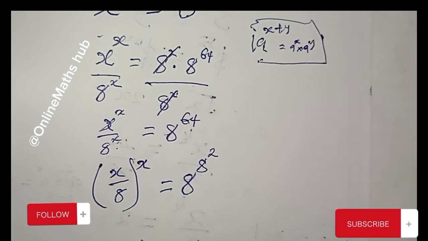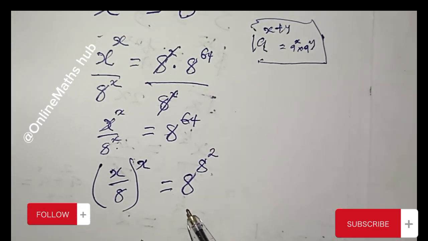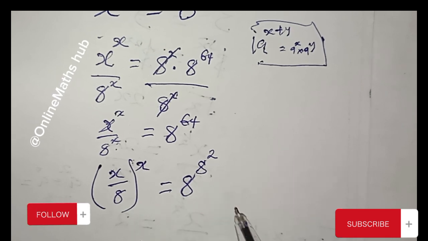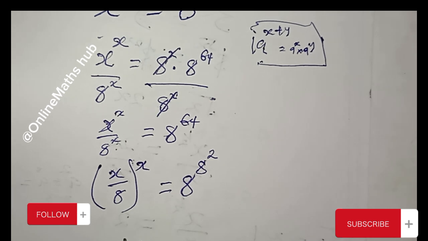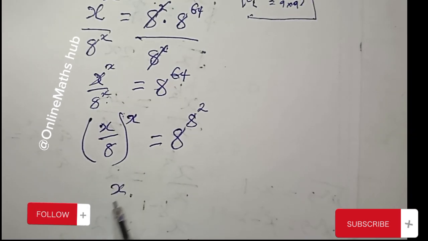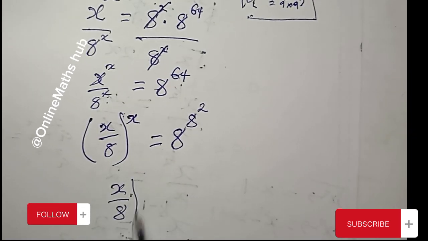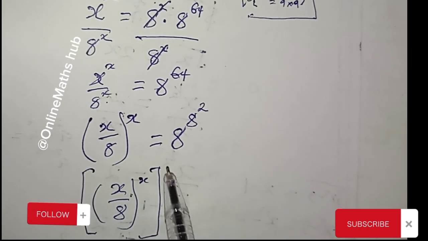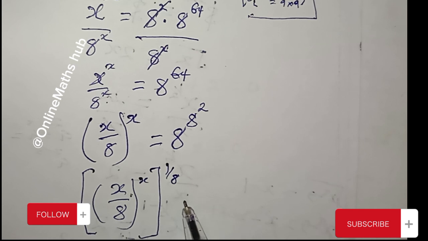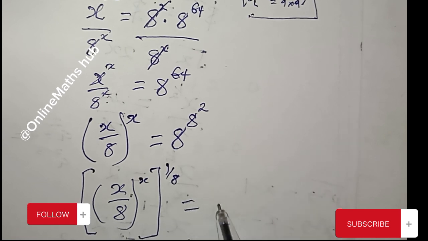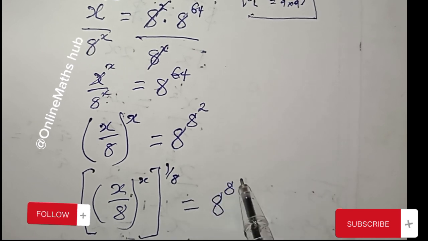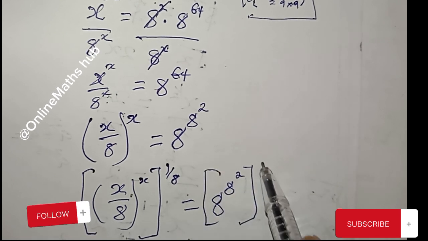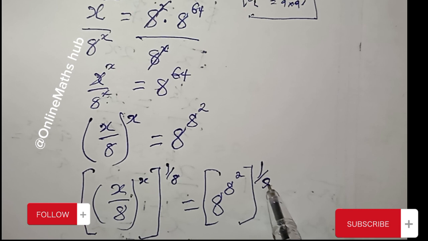Now that we've gotten this, what I'm going to do next is raise both sides to power 1 over 8. If I do that, I have x divided by 8, power x, and then power 1 over 8, which is equal to 8 power 2, all raised to power 1 over 8.